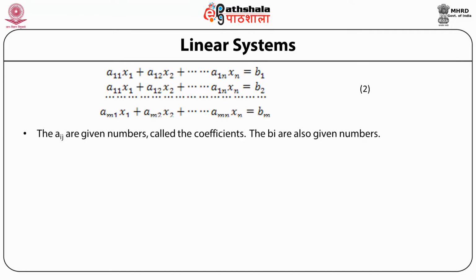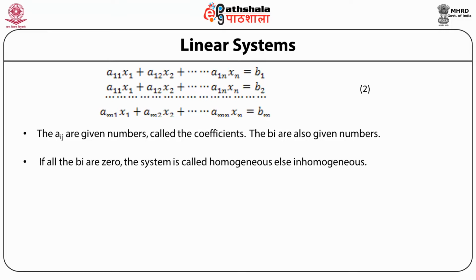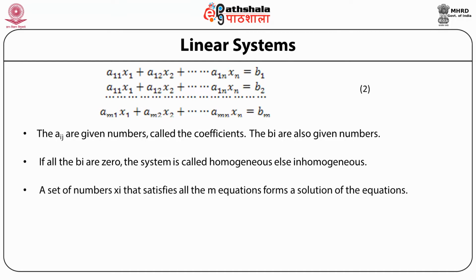The aij are given numbers and are called coefficients. The bi are also given numbers. If all the bi are 0, the system is called homogeneous, else it is called an inhomogeneous system. A set of numbers xi that satisfies all the m equations forms a solution of the equations.